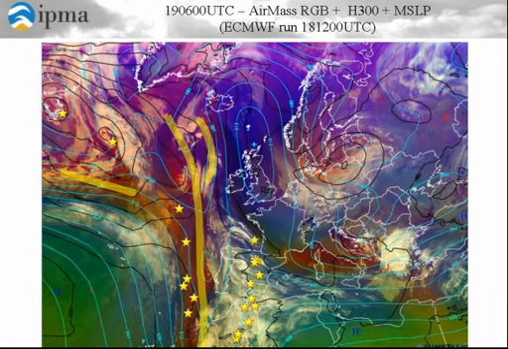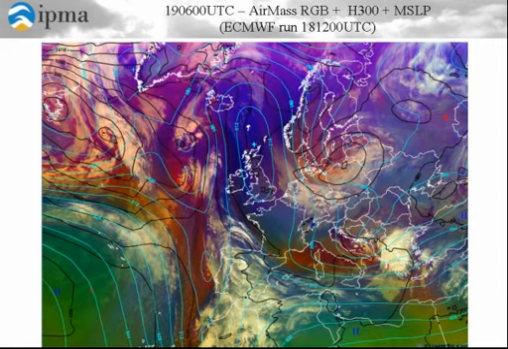Also interesting to see that, let's see if I can clear this. Okay, you can see here some fibers, and over Iberia you can see some lee cloudiness. So very interesting.